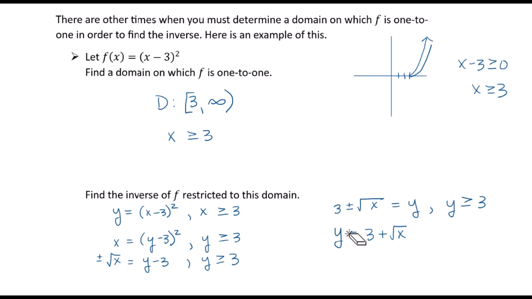This ensures that y is going to be greater than or equal to 3. We've applied the restriction, so we don't need to have that restriction written out anymore. And our last step is to go ahead and write our inverse notation. So f inverse of x is equal to 3 plus the square root of x.